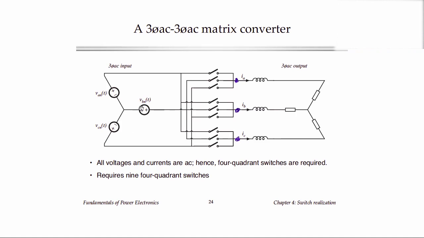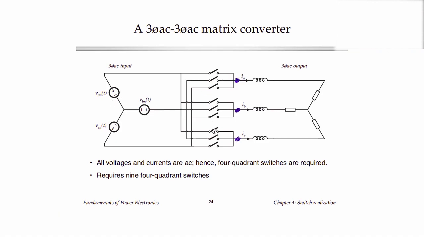And by pulse width modulating or quickly switching these devices, we can actually make the average values of these output voltage waveforms be controlled. So we can actually synthesize switched waveforms here whose low frequency components have a different frequency and amplitude than the input.